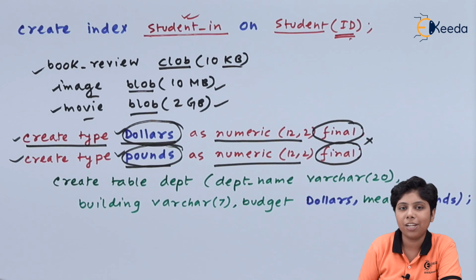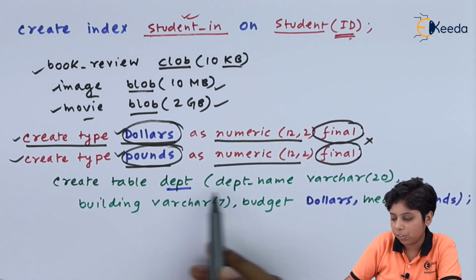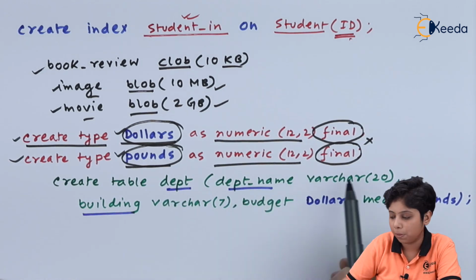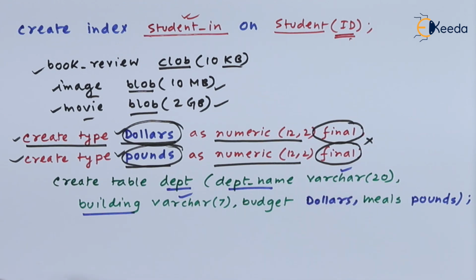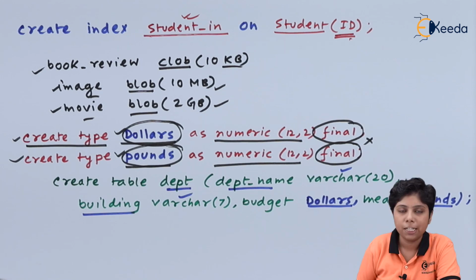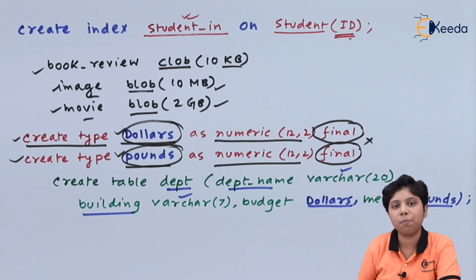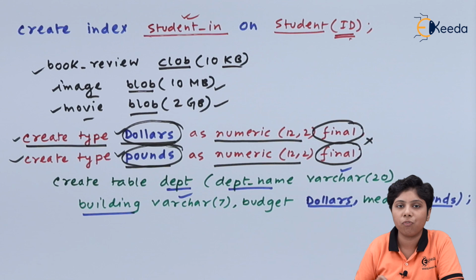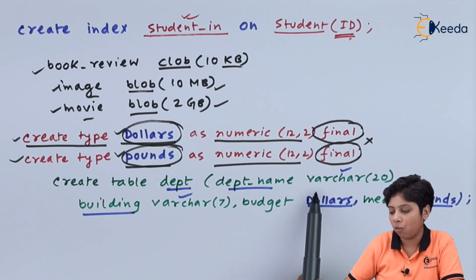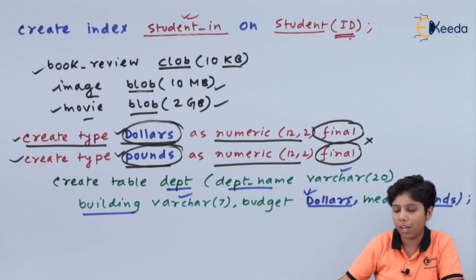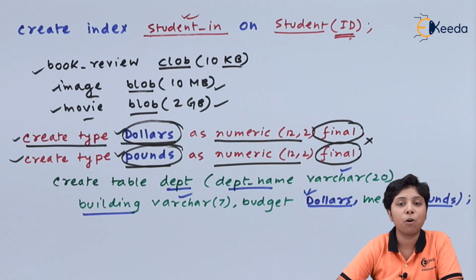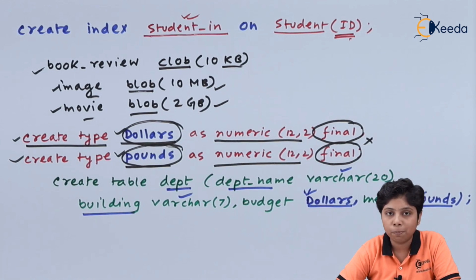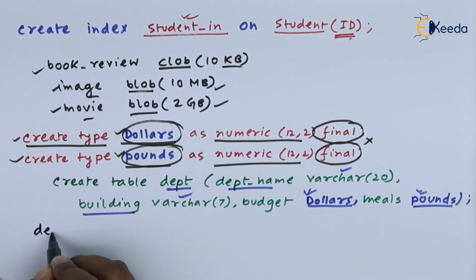Here I have created a relation department with the department name and building as basic data types, but the budget with the dollars data type and the meals with the pounds data type. So the user-defined data type is built on the basic data types, but with a precise meaning: the budget cannot be checked with pounds because it is of monetary dealing. Now the problem lies in updating fields like this.